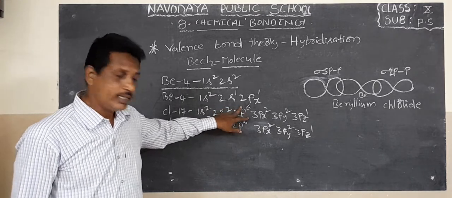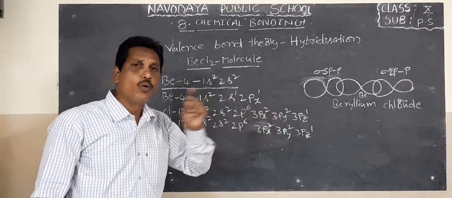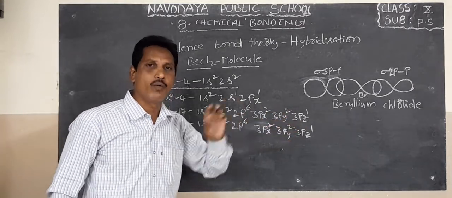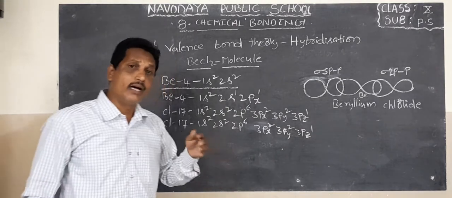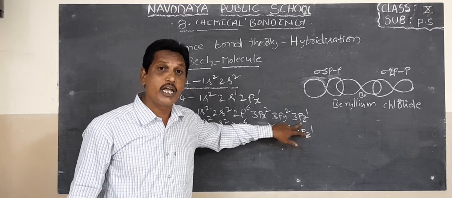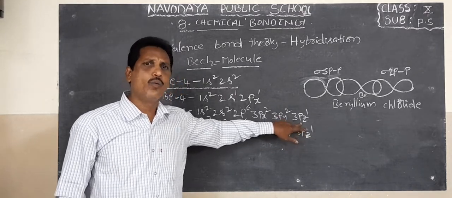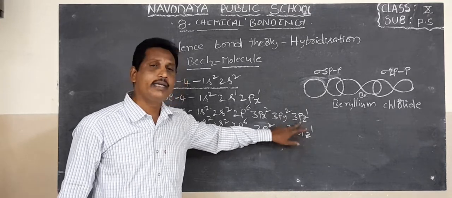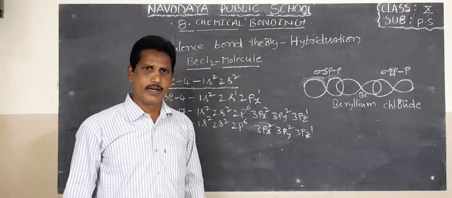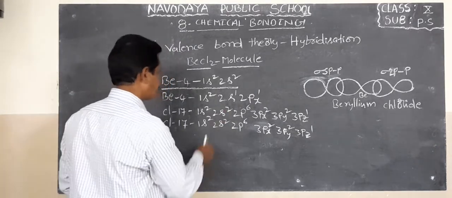Each chlorine atom also contains one unpaired electron, in the 3pz orbital.